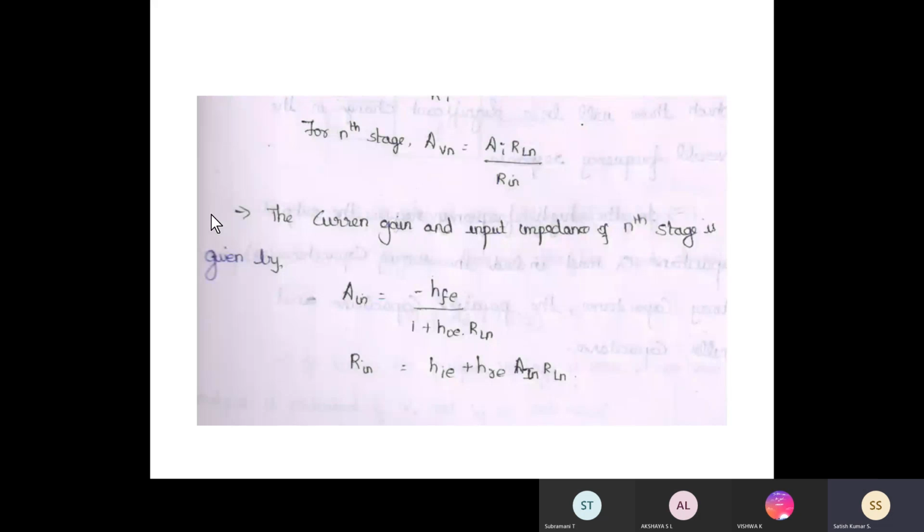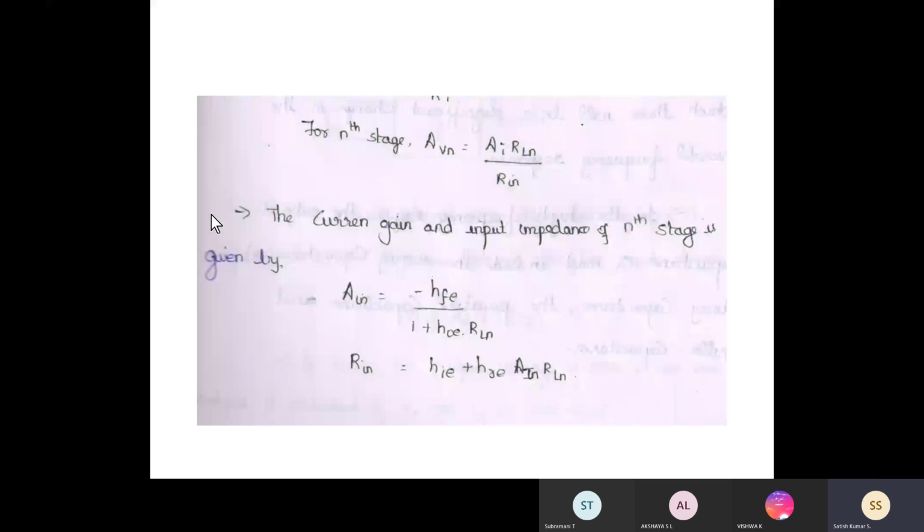The current gain is AI for the nth stage, so A suffix IN is equal to minus hFE divided by 1 plus hoe, if the common emitter amplifier is used. Here hfe means the forward characteristics of your h parameter, and hoe is the output admittance parameter of your common emitter amplifier.